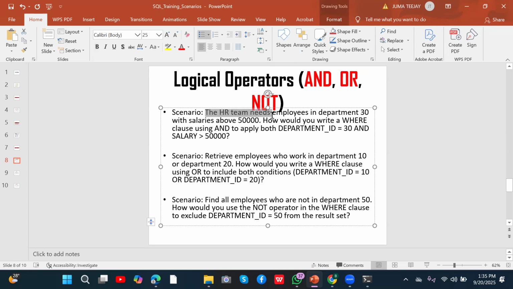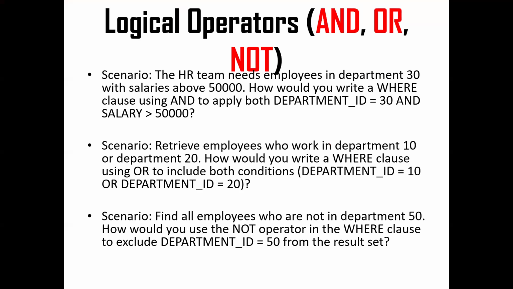The HR team needs employees in Department 30 with salaries above 50,000. How would you write a where clause using and to apply both department ID equals 30 and salary greater than 50,000?